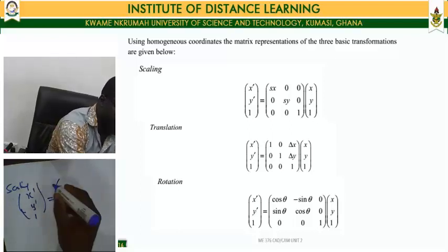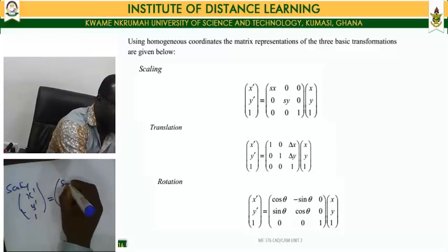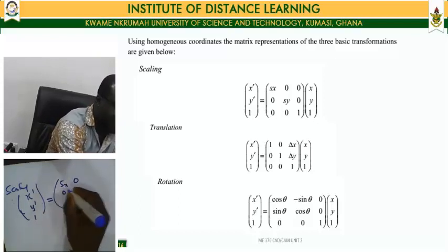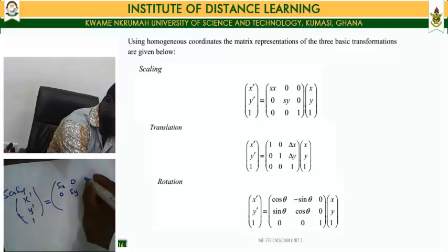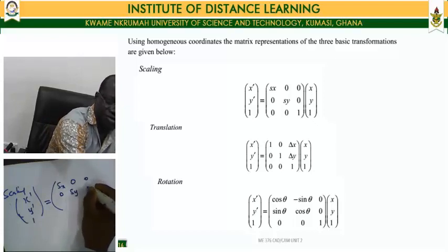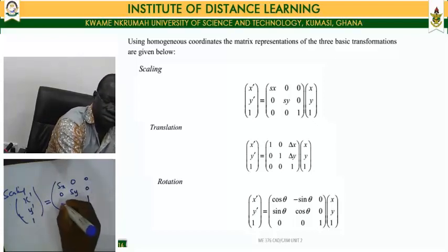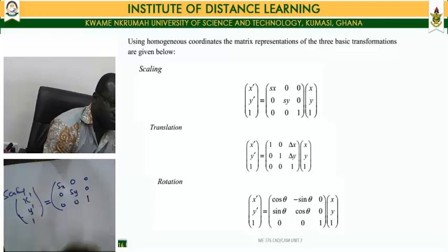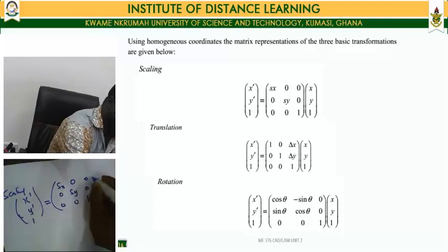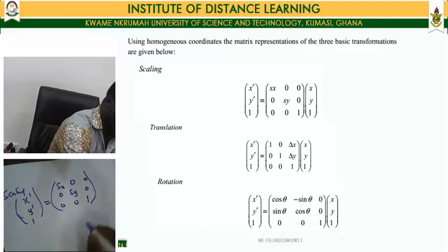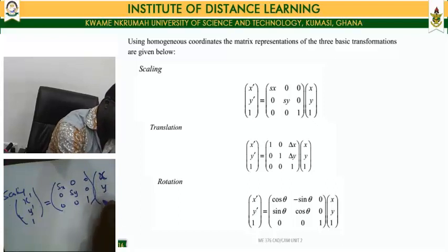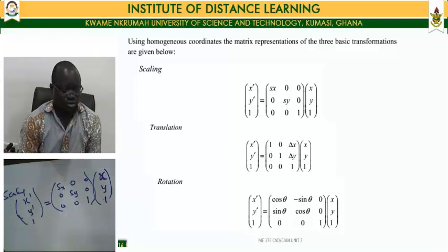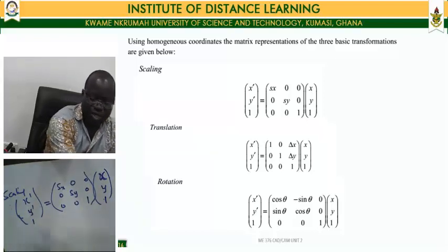In the 3x3 matrix, what you notice is that it has the scale, the 2x2 matrix there, and then it has 0, 0, 1. So it operates on x, y, and then the homogeneous coordinate, which is the omega, and in computer is 1. So this gives you the scaling matrix.